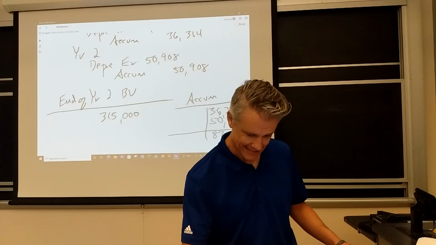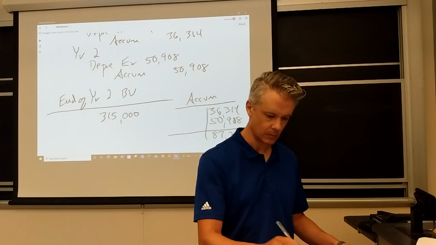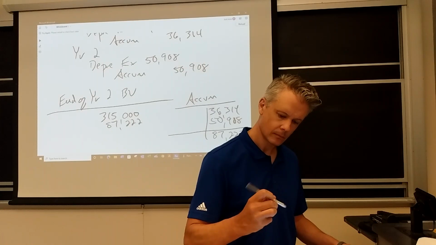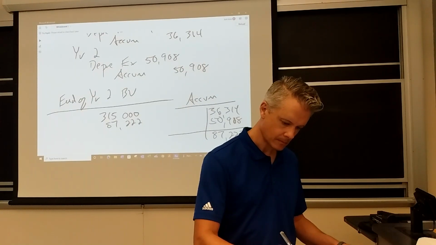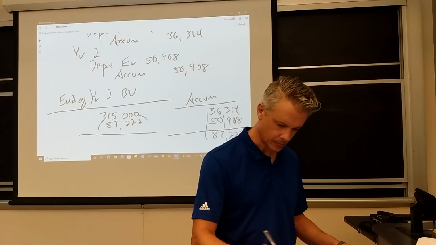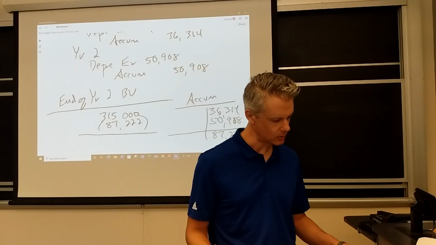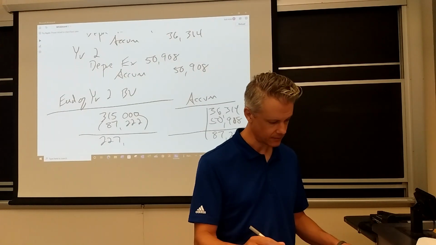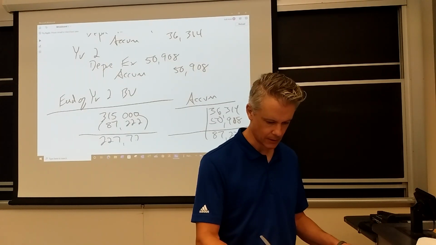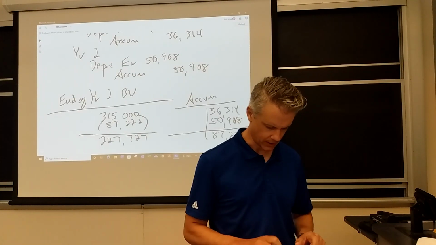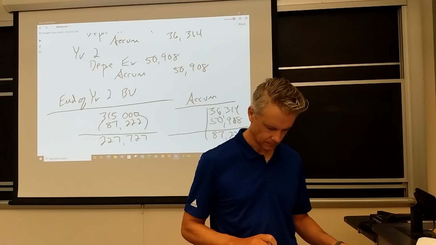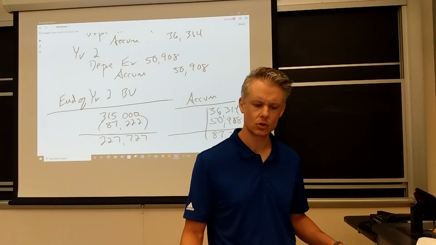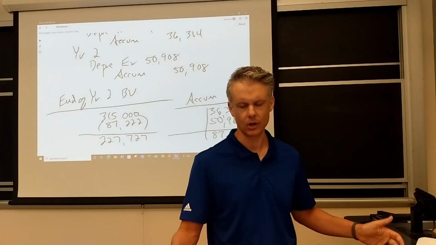That's a total of $87,000 in accumulated depreciation. So our net book value at the end of year 2 should be $227,727. Double check that. There we go. We've got some rounding issues, but it's $227,778.